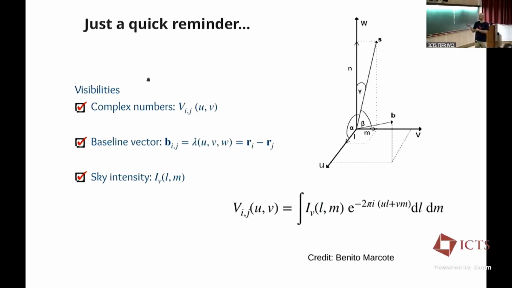Which means this term here is 0. So we have a phase of 0, a point source at the phase tracking center has a phase of 0. So if everything is good, we can do the inverse Fourier transform. Keep this in mind. A point source in the phase tracking center has a phase of 0. All right, we'll get to this again in a bit.